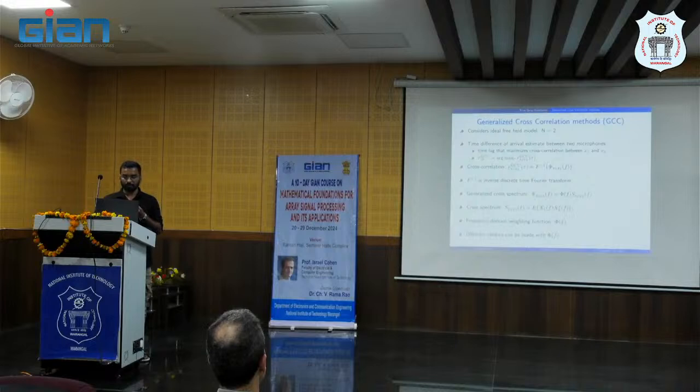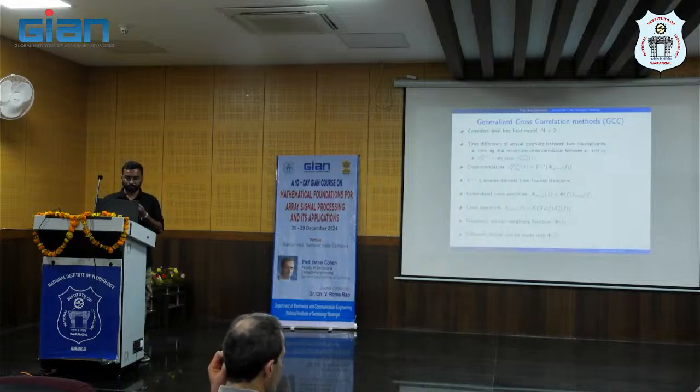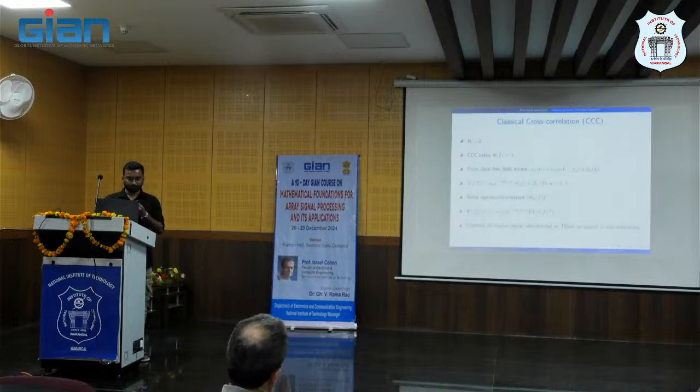This is computed by taking the inverse Fourier transform of a weighted cross spectrum between the two signals. The weight is phi of f, which is multiplied with the cross spectrum, and the inverse Fourier transform is taken. So there are different choices for phi of f.